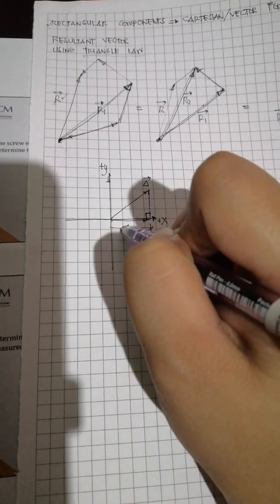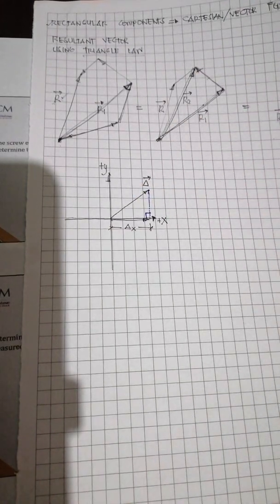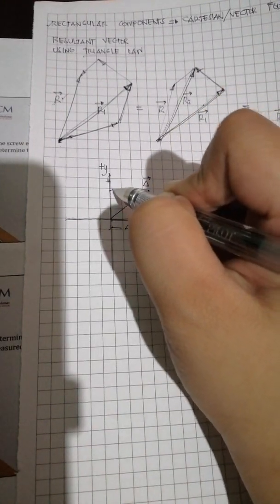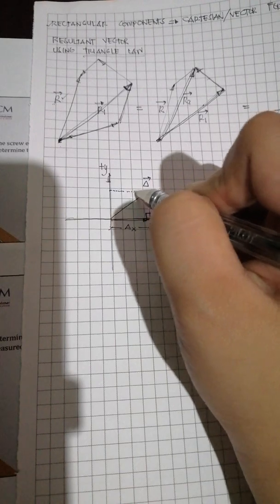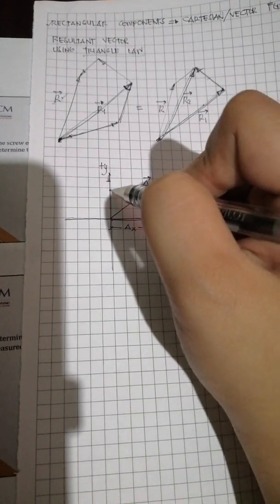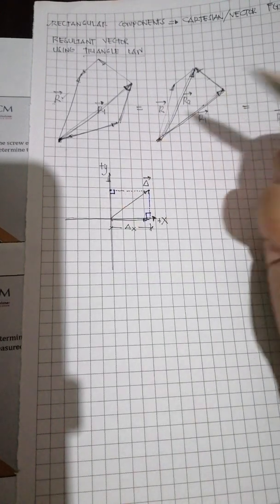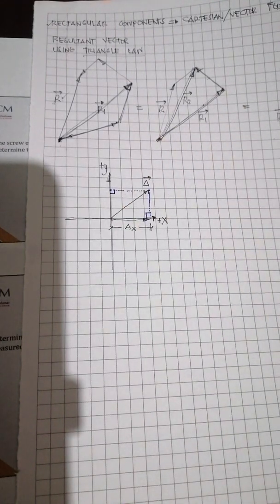And then, if you project that to the y-axis, therefore, you will connect the arrowhead to the y-axis and make sure this projection makes 90-degree angle with the y-axis.